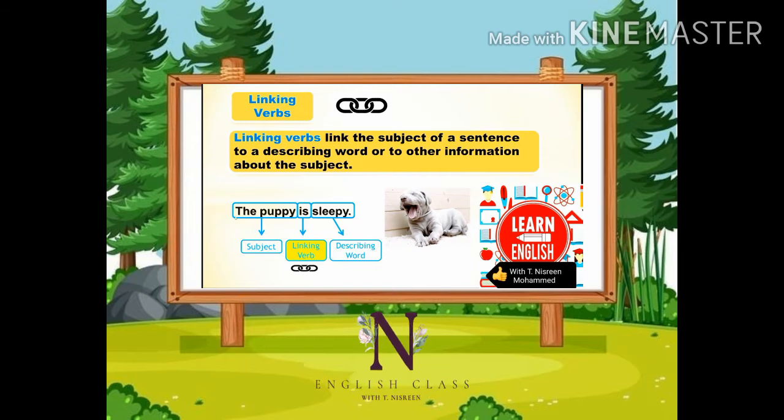The linking verb is: it links the subject of a sentence, the puppy, to the describing word sleepy. So is, or verb to be, is a linking verb as it is between the subject and describing words to link them together. Pay attention, we have only one verb.